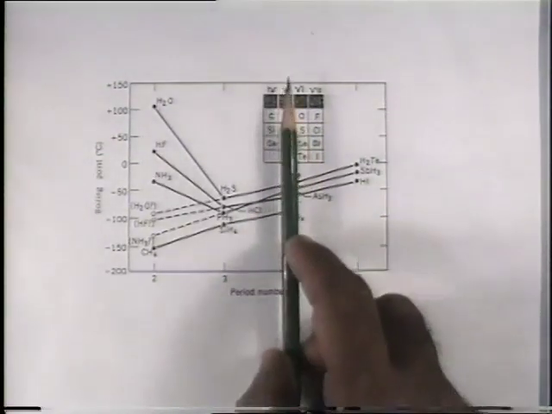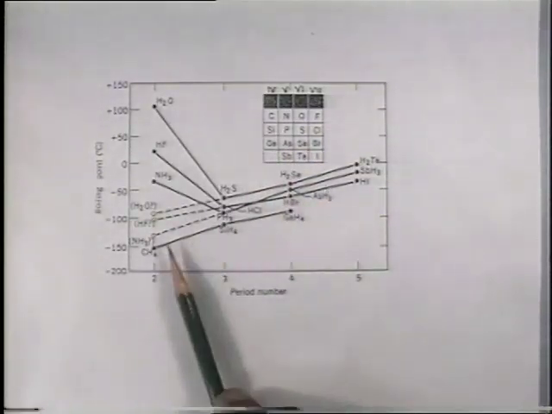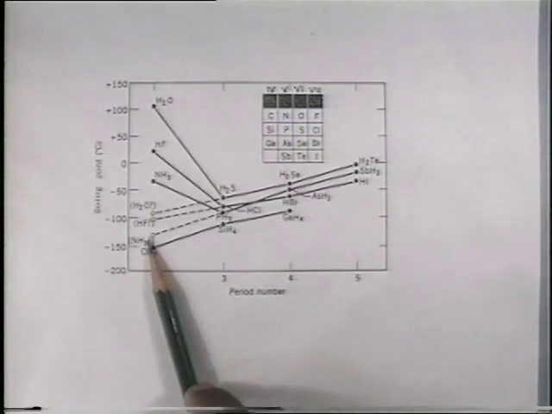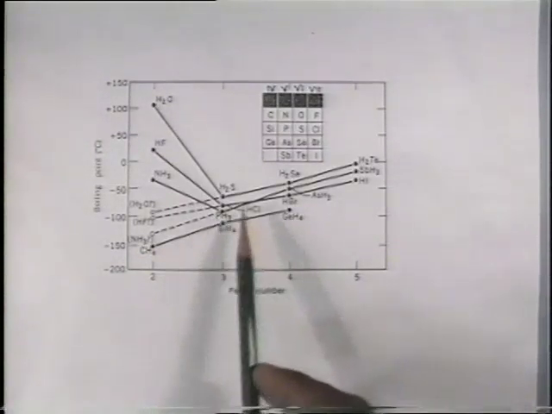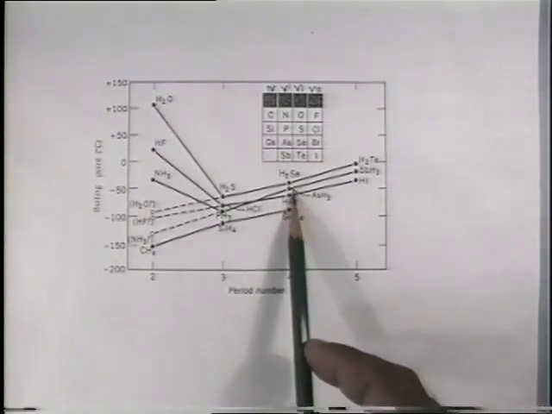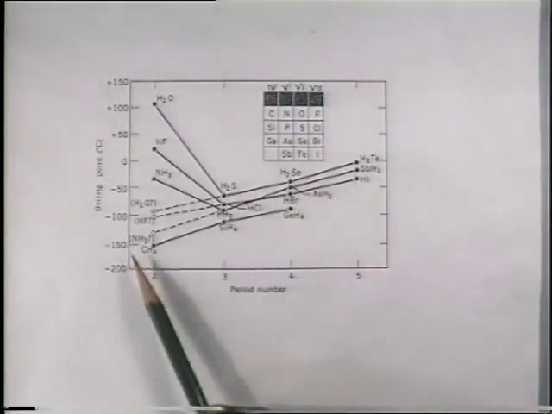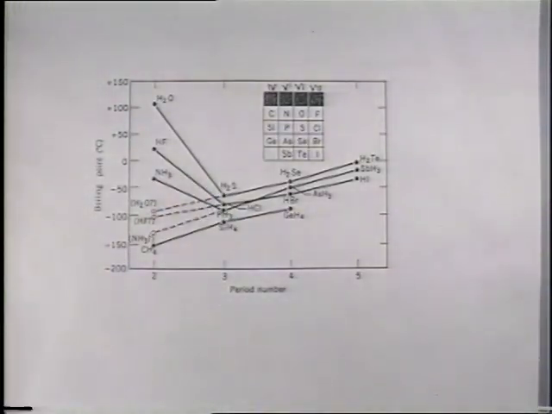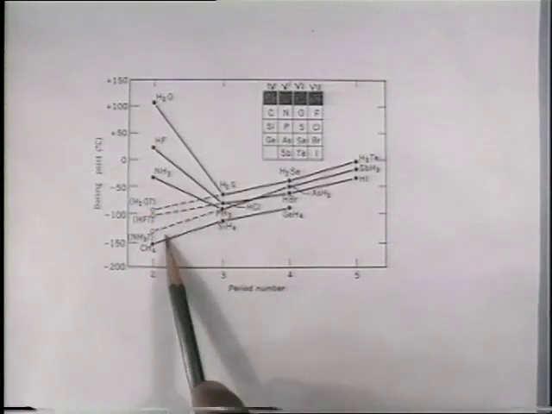Now, if we move on to the next group, group 5, nitrogen, phosphorus, and so on, we see that that is where nitrogen or ammonia should be, the hydride of nitrogen. This one here, and the next one is the phosphorus one. Then we move up to arsenic and antimony. We see here that the actual boiling point for ammonia is not down here, as indicated by these dotted lines.